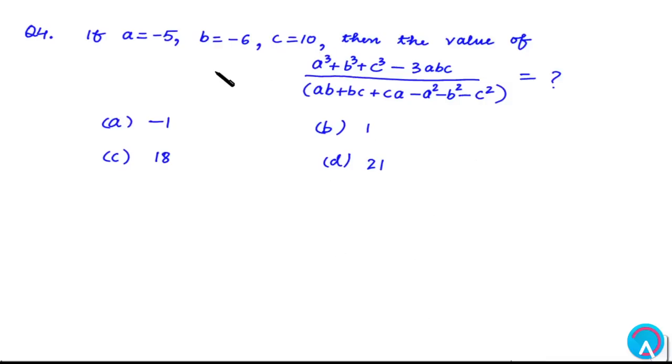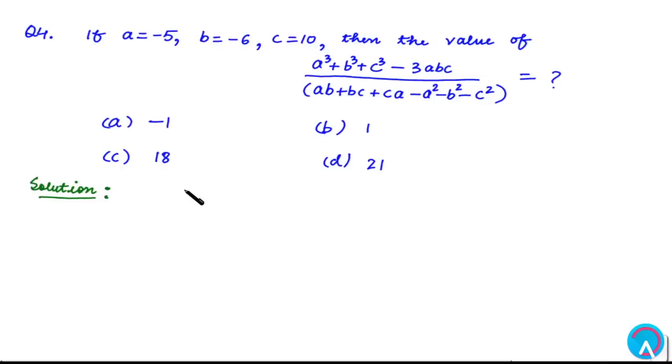Let's do question number 4. If a is equal to minus 5 and b is equal to minus 6 and c is equal to 10, then we have to find the value of this expression. These are the options. Let's see which is the correct option. Let's solve this question.